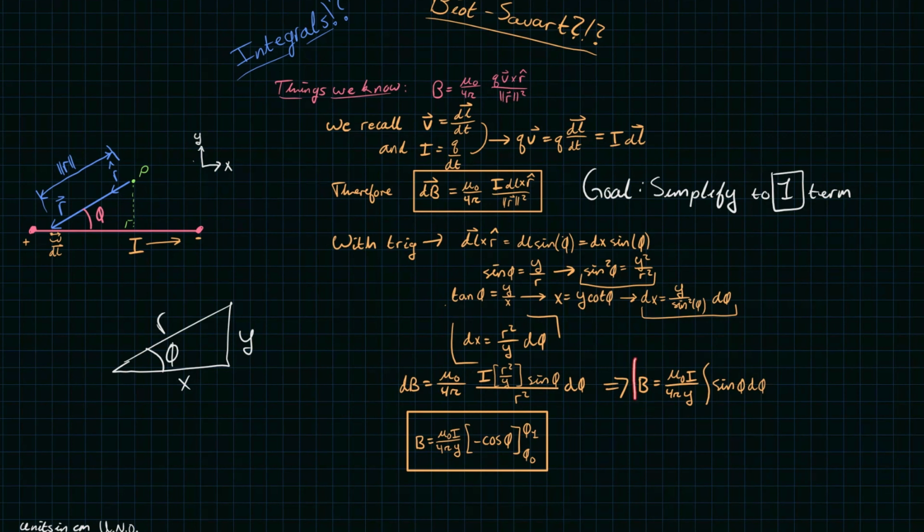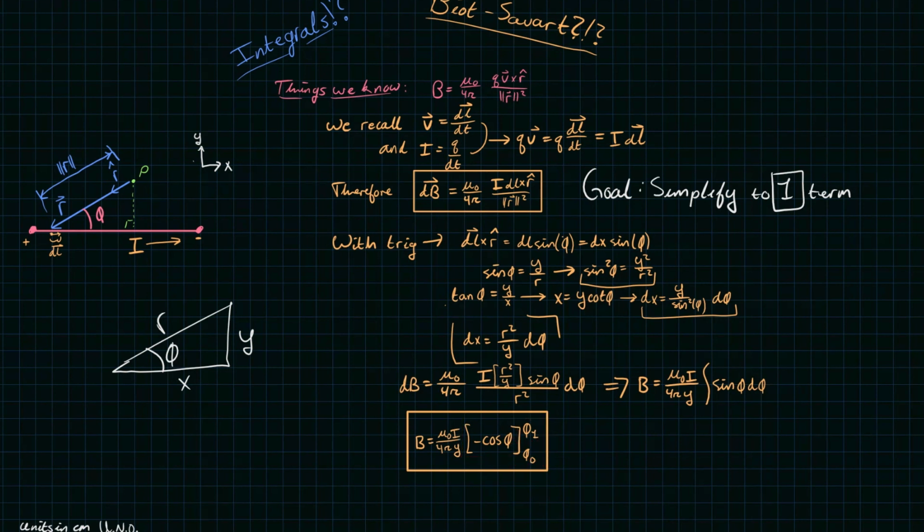Our B is equal to all of those constant terms times the integral of sine phi d phi. Or if you want to write it without the integral, it's going to be all of our constants times negative cosine phi evaluated from phi 0 to phi 1.